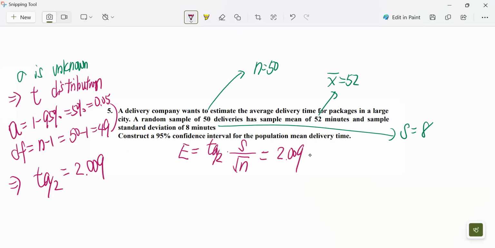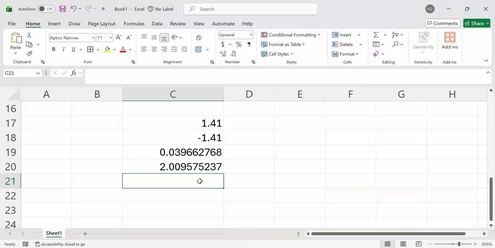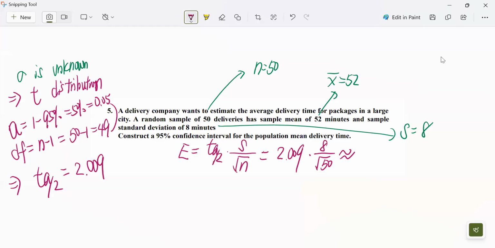So it's 2.009 times sample standard deviation 8 over square root of 50. And we get a margin error. So we do 2.009 times 8 over square root of 50.